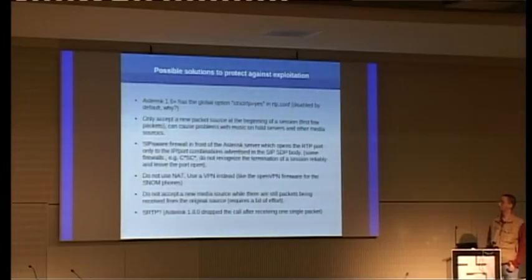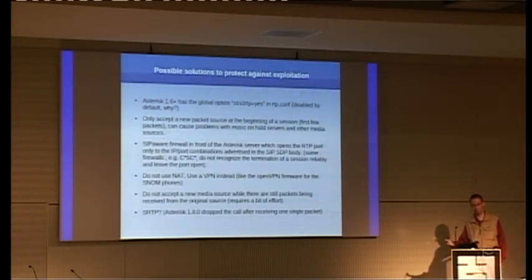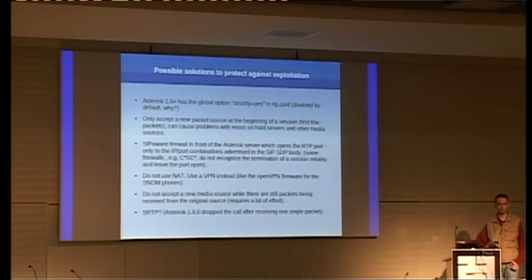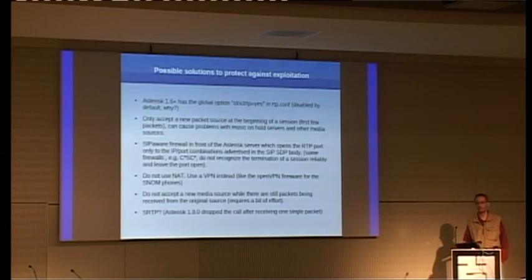Yeah, and if you want to get into the implementation, then there are things you can do. Just do not accept packets from a new IP address when nobody told you so. Usually you would accept packets coming from somebody else when there was a re-invite to the session or when something changed. But this, of course, makes the implementation a bit more complicated.